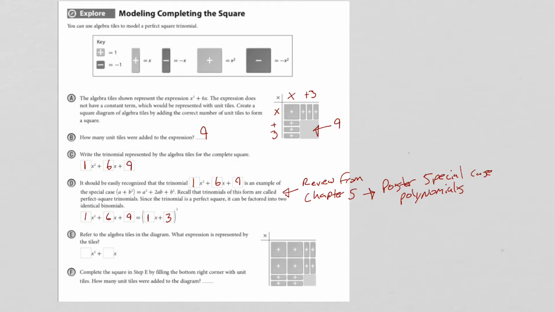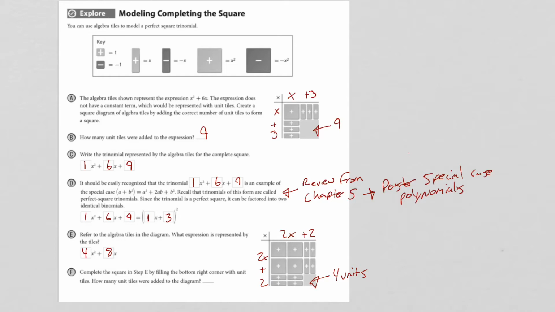So now let's take a look at another example. On top it would be 2x, on the side it would be 2x, and this is plus 2 and plus 2. So you have the same condition: you're missing your 4 unit pieces. So this would be 4x squared plus 8x.